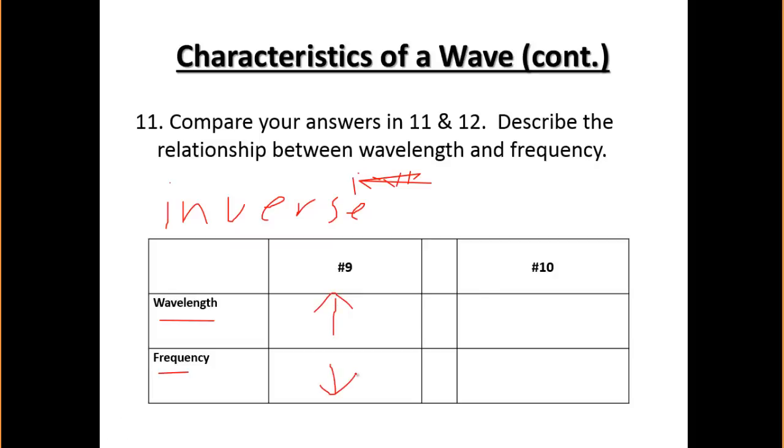In that second problem, our wavelength is a little bit smaller and our frequency was a little bit larger. In the end, the speed was still the same, just different wavelengths and frequencies.